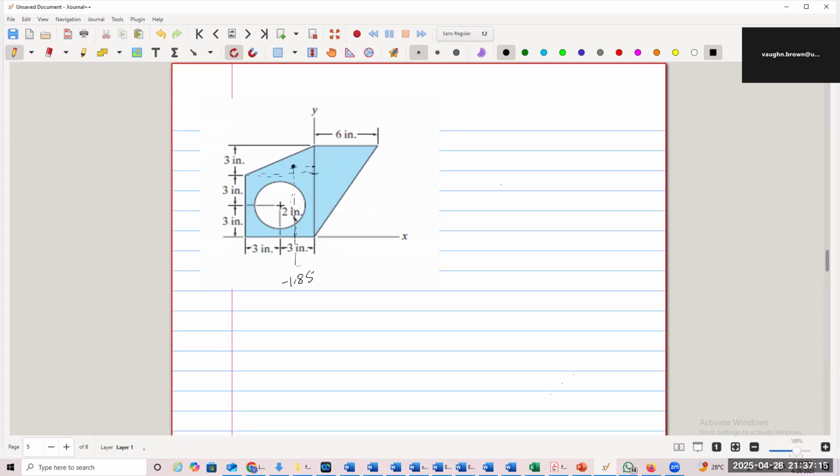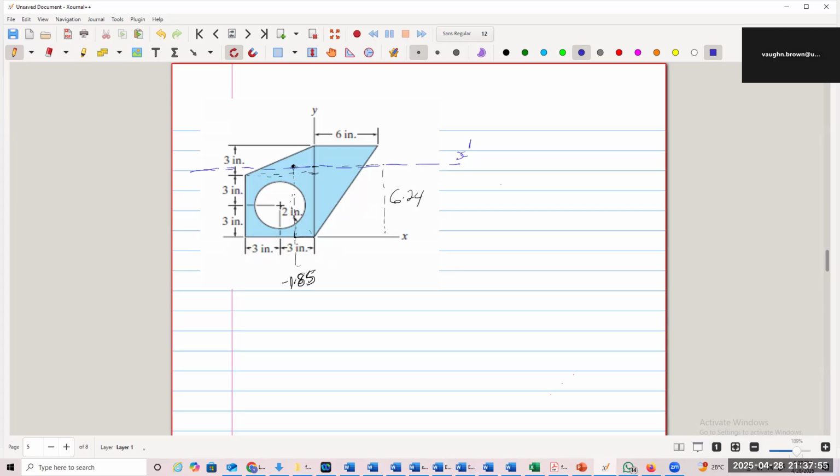So this line here from the x is really 6.24, and that's for the y. And for the x distance, this distance right here is minus 1.85. So the axis that we are interested in, the centroidal axis, is this line coming right across. This is now going to be the parallel line to the x, so this is the x prime axis.